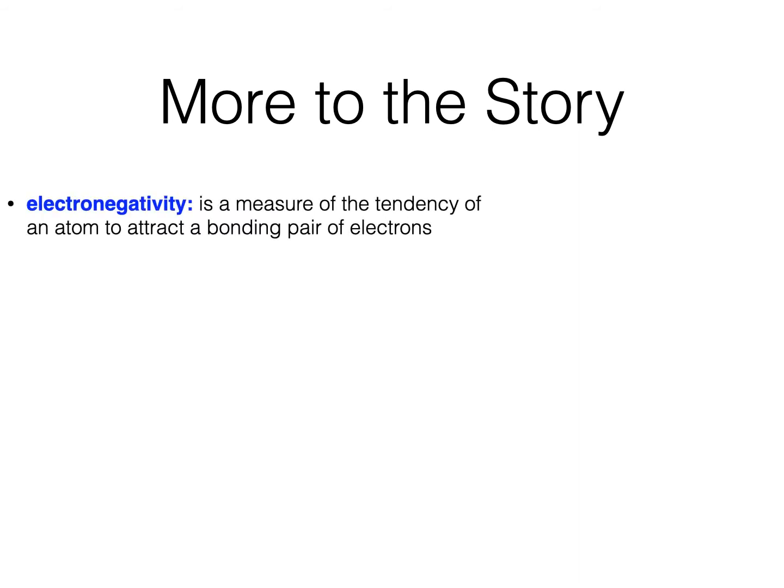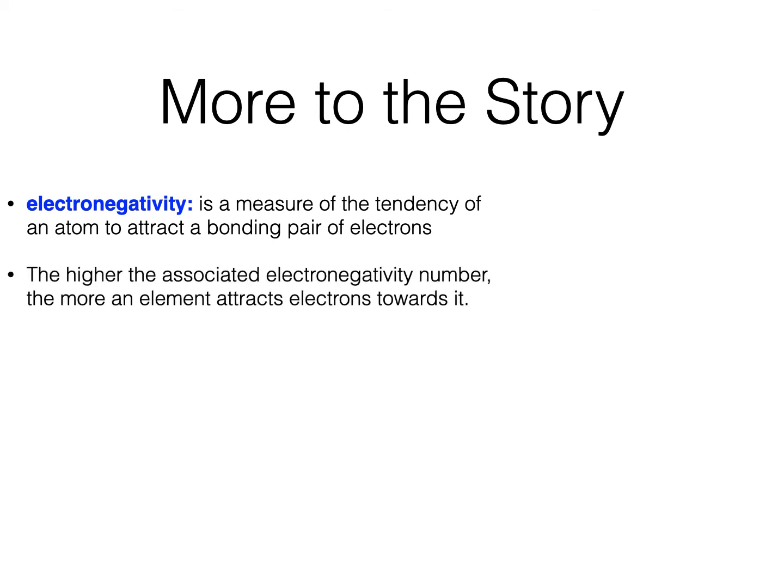Now, we've talked about this before. We've talked about ionic and covalent bonds, but as with many things in chemistry, there is more to the story. And our addition to this particular story has to do with something called electronegativity. And electronegativity is a scale or a measurement of the tendency of an atom to attract the electrons that it potentially will share with another atom.